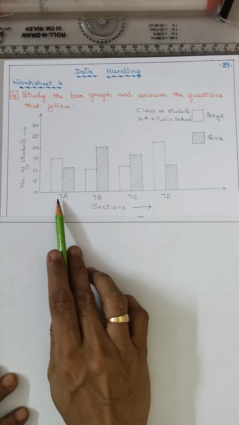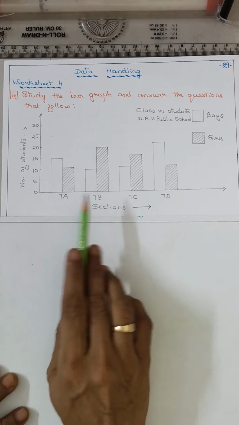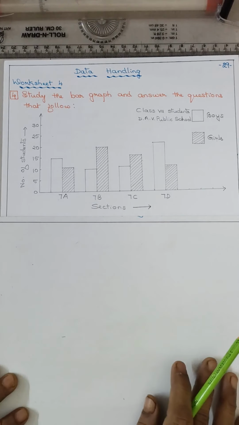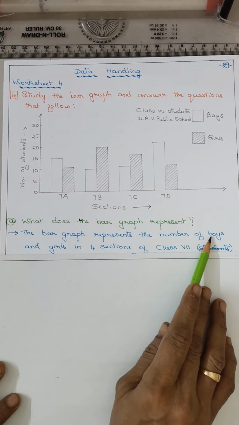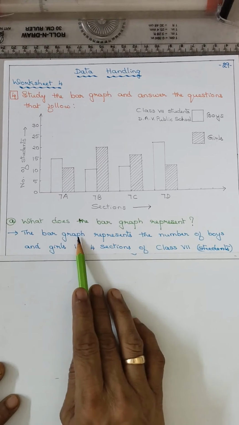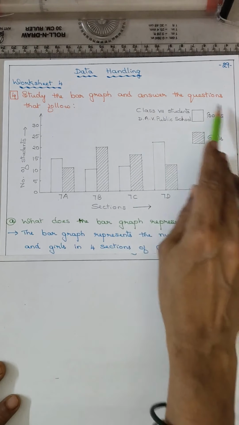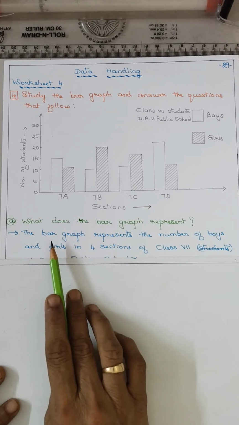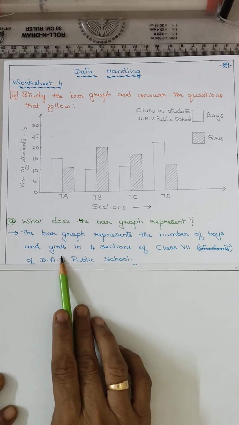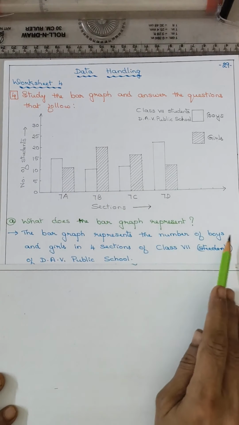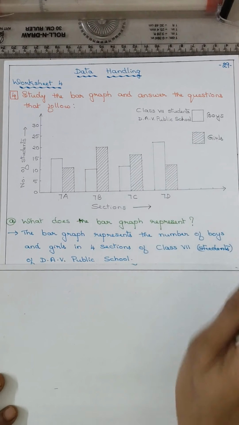And here it is given 7A, 7B, 7C, 7D, means different sections of class 7. Now what does the bar graph represent? The bar graph represents, here in the question it is not given, but from here you can write. The bar graph represents the number of boys and girls in 4 sections of class 7 of DAV public school.